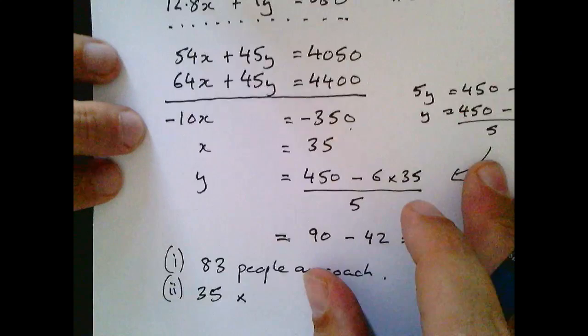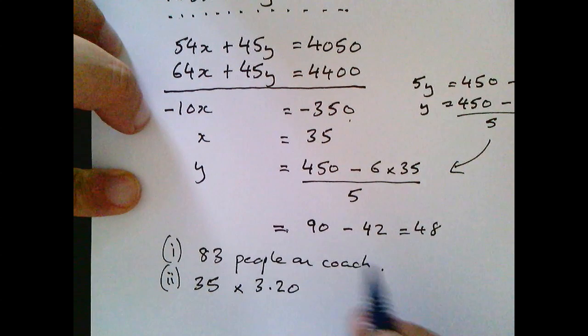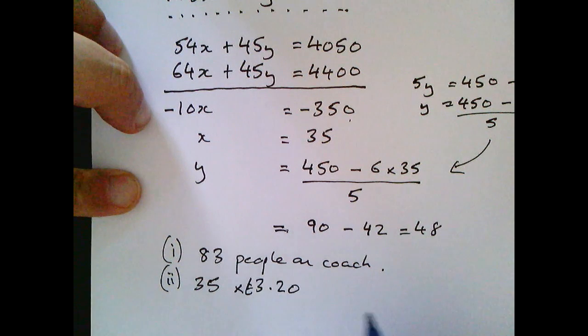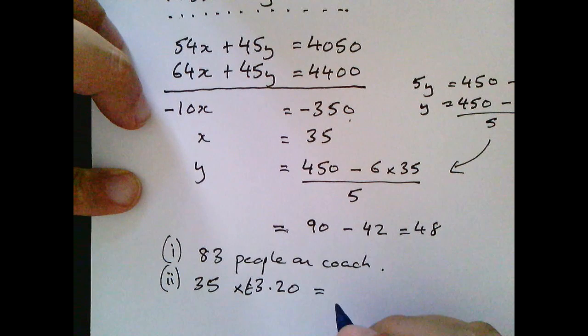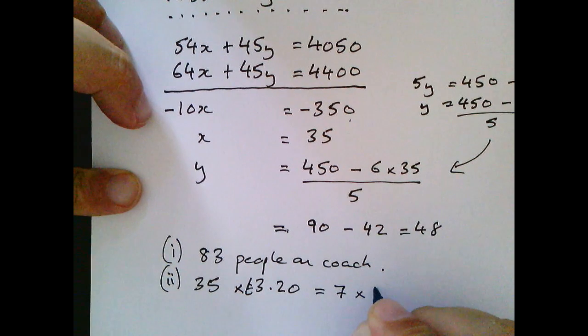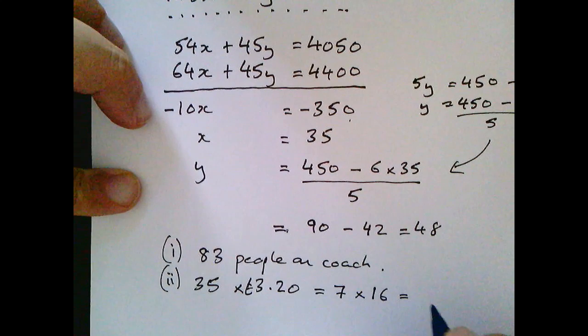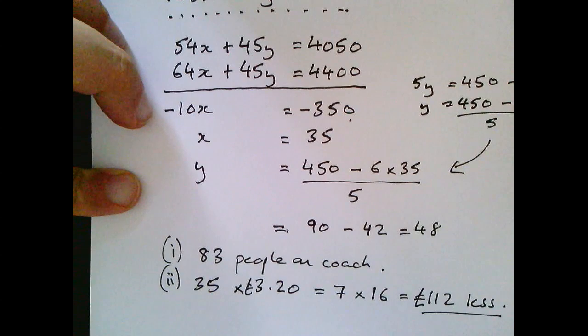So 35 times £3.20 is the same as 7 times 16, which is £112 less. Okay, and that's the answer to question 3.